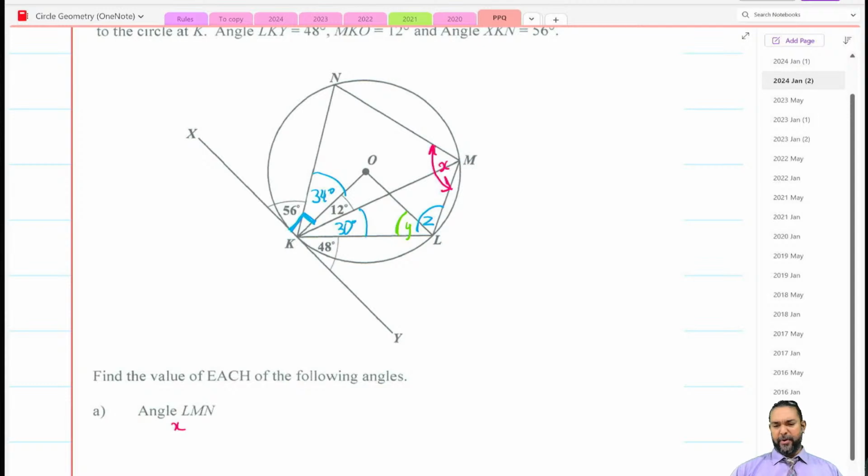And then, well, we already know angle Y. And to find angle Z, angle X is 56.